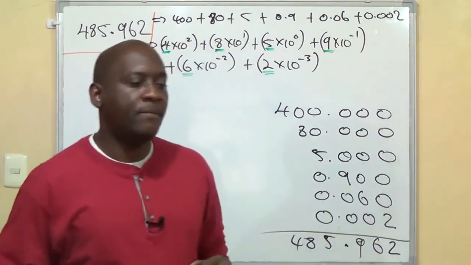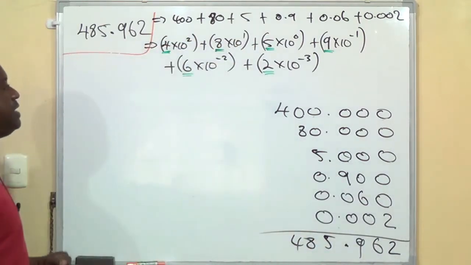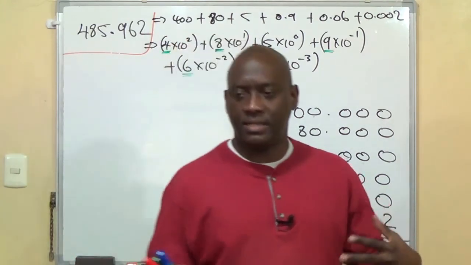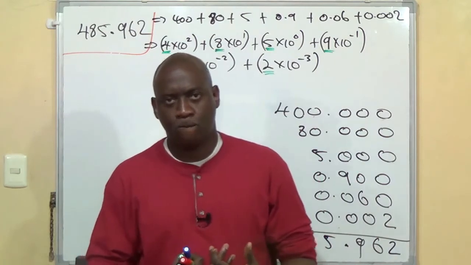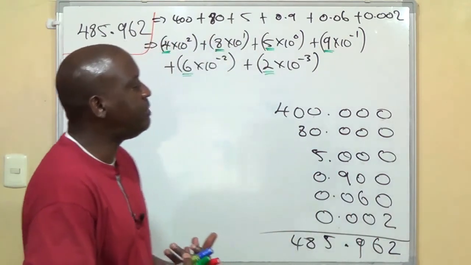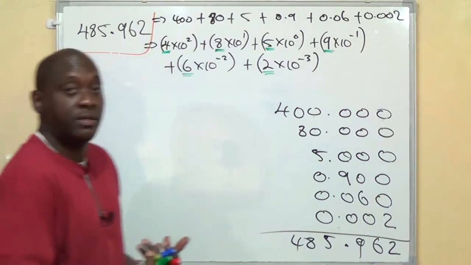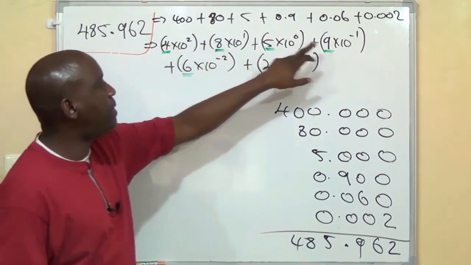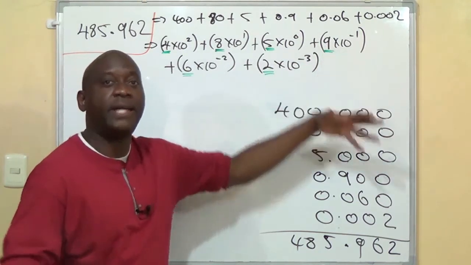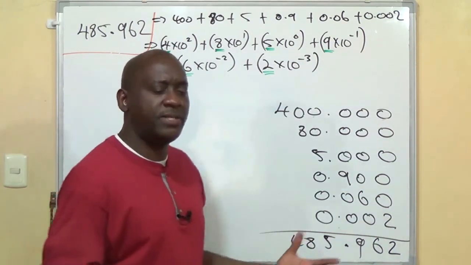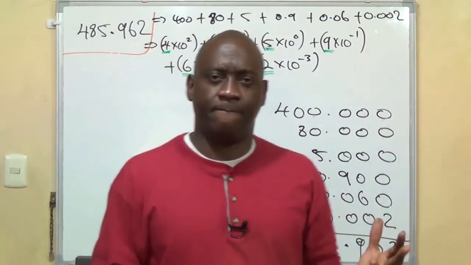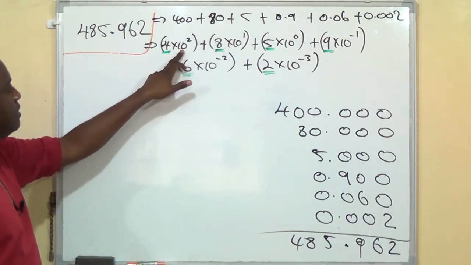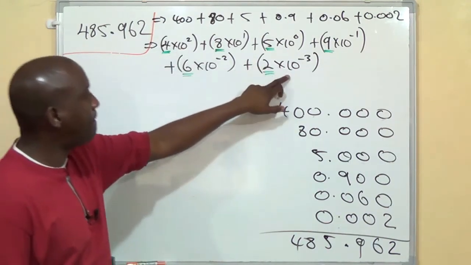So for example, if we know that this is what counting in base 10 essentially is, and I come to you and I say, alright, let me start thinking about base 5. You know immediately that if we count in base 5, the only difference will be that instead of powers of 10, we would now be dealing with powers of 5. That is it. And if I come to you and say, we're going to count in base 3, the only difference is that instead of powers of 10, we're talking about powers of 3.